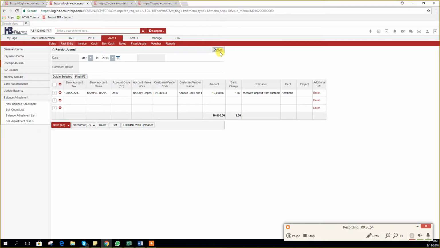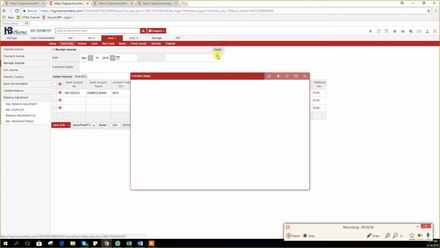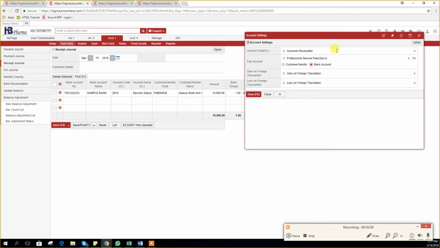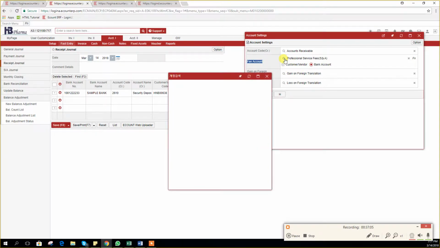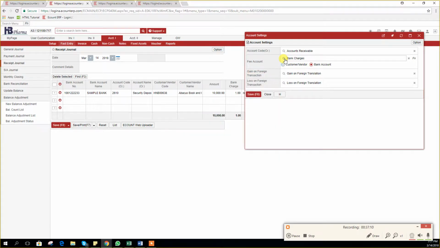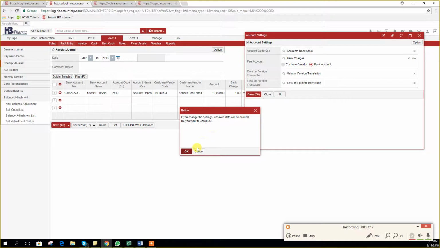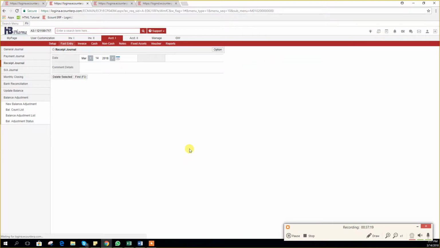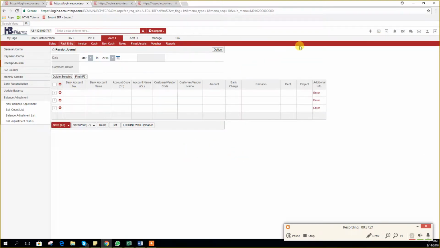It's going to go wherever we tell it to go, the fee account. So if we want, we can select our bank charges account, because there is a reason why we created this bank charges. Alright, so that is how you make a deposit.